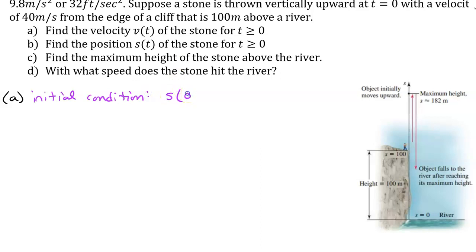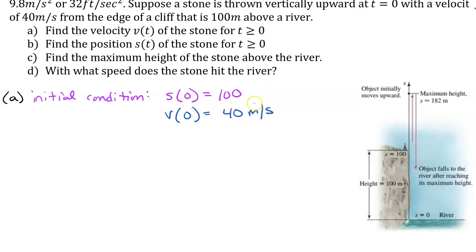When the time is 0, our position is 100 meters. Now, because of this, we also have velocity. So the initial velocity is 40 meters per second. When time is 0, we have 40 meters per second.